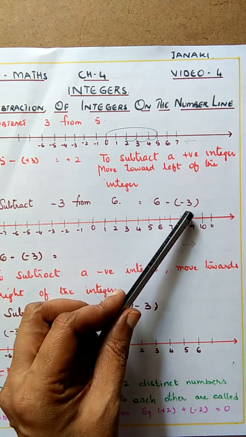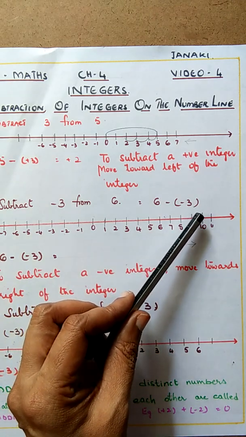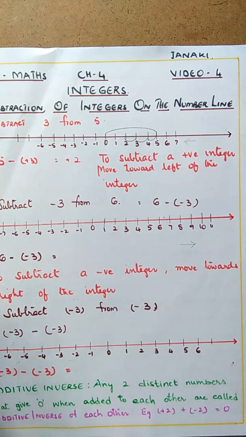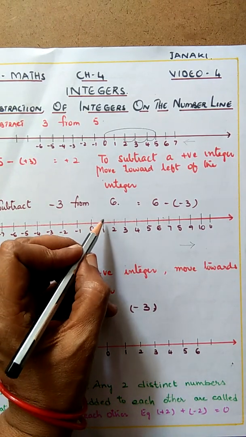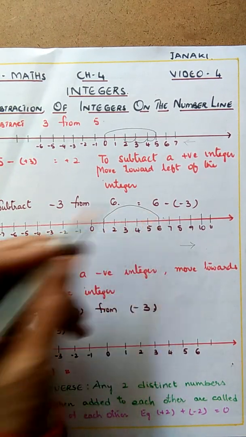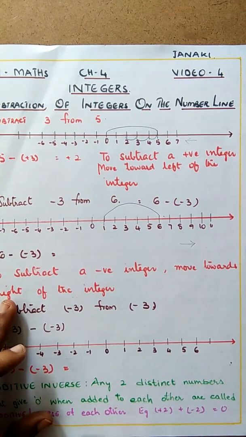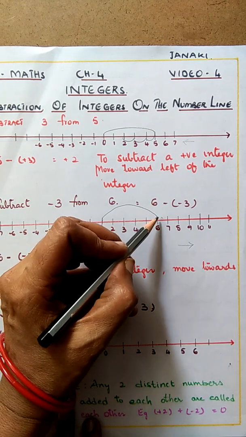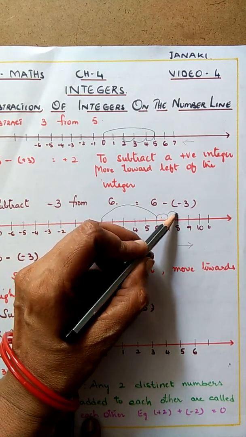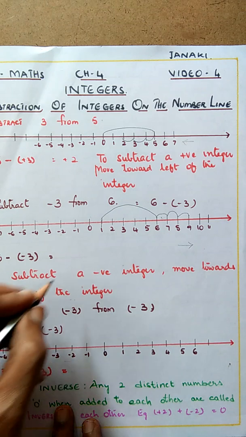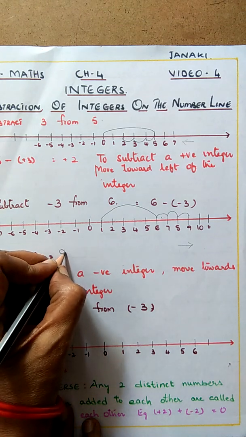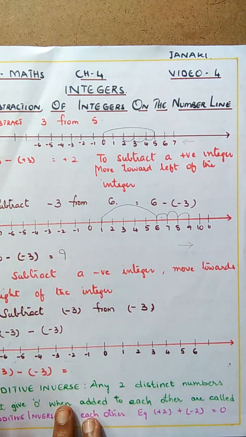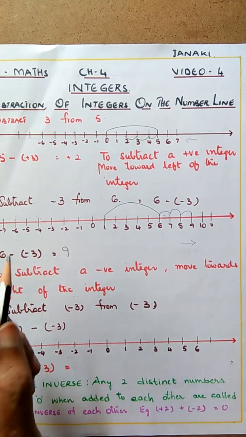Here you are subtracting a negative integer. So first let us join 0 and 6. And here you are subtracting a negative number. So go towards right. 1, 2, 3. So finally you get the answer as 9. This you have to remember very thoroughly.